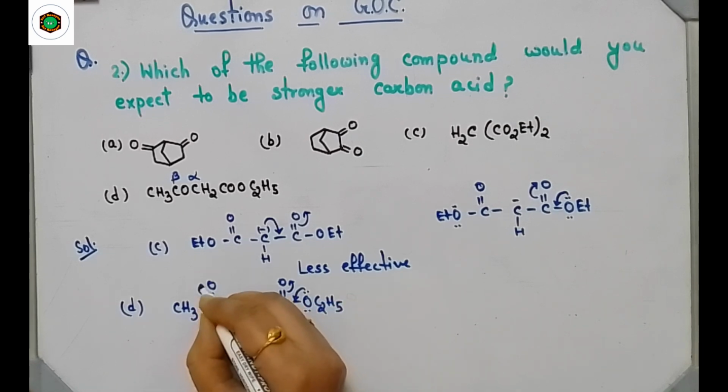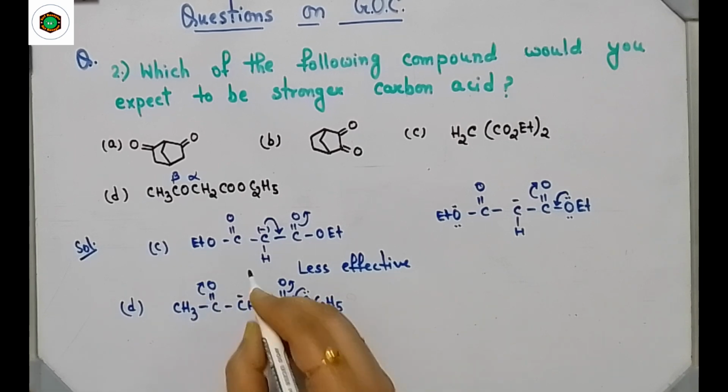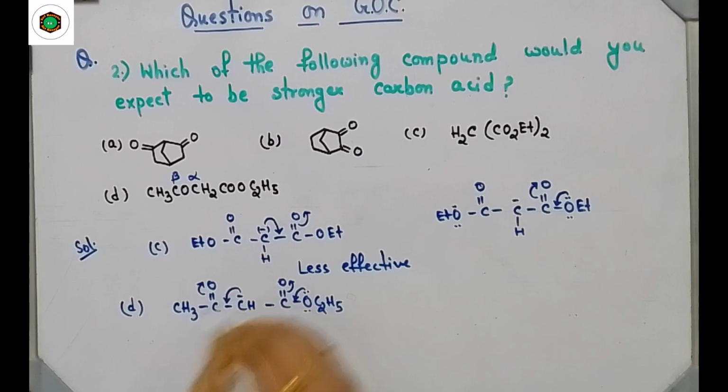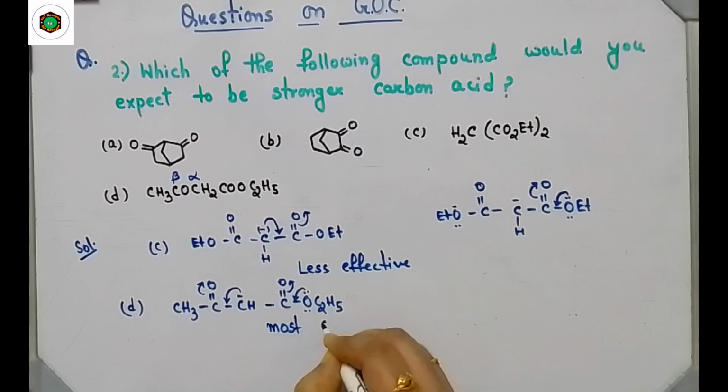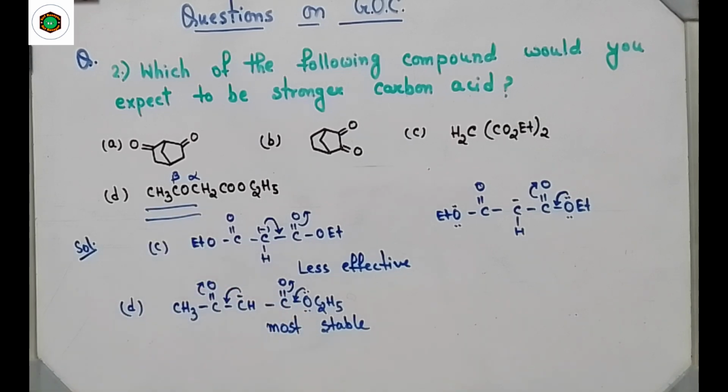But here if you clip this bond, here a CH3 group is there. So that resonance is not possible. So it will be involved in resonance with this. So here resonance is more effective than this. And due to resonance, this carbanion is more stable. Since it is more stable, therefore the corresponding compound is most acidic. Therefore this is your answer.